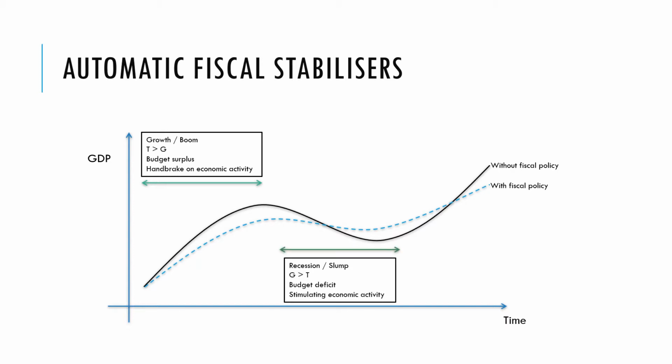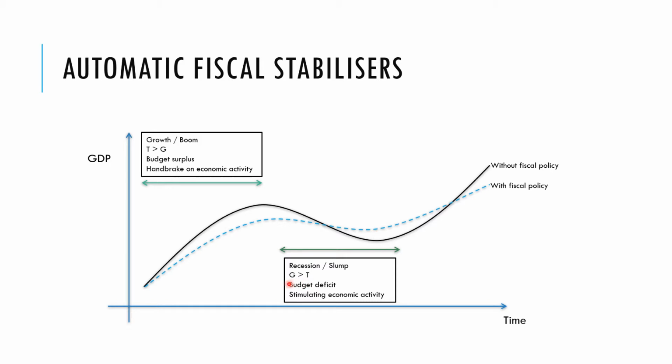In periods of recession or slump, the idea would be that the surplus that's been accumulated over here could then be used to increase government spending, and government spending would be rising because we need to pay more unemployment benefits, maybe more of a fiscal stimulus to help the economy recover, and also taxes would be falling as people lose their jobs, as incomes and profits go down, tax revenues will be falling.